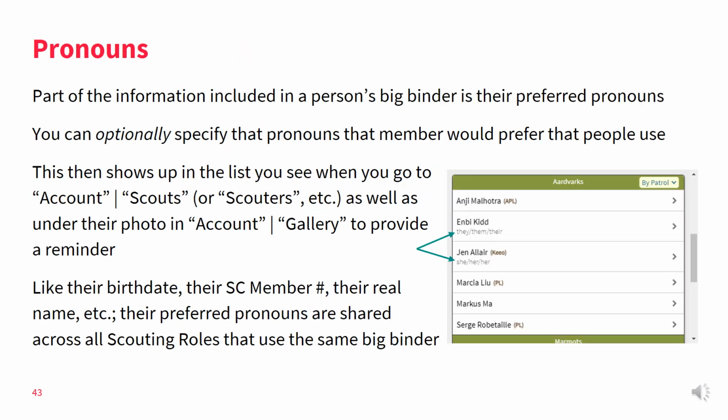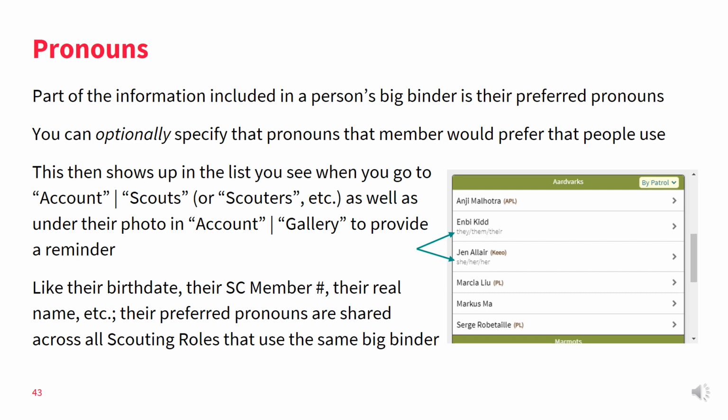And the last thing I wanted to mention is there's a new feature. Part of a person's big binder is now their preferred pronouns. You can optionally specify the pronouns that a member would prefer people use. This just then shows up as a reminder or just a little highlight when you look at a list of youth when you go to Account Scouts or Account Scouters, or when you're looking at their photos in the gallery.